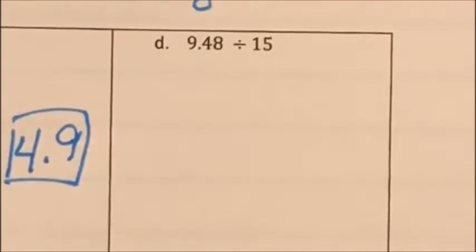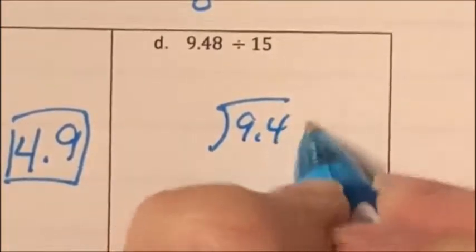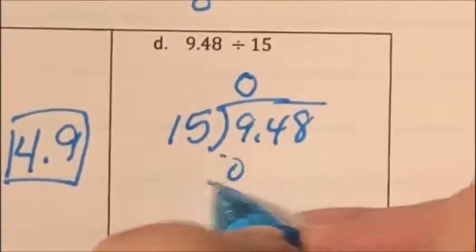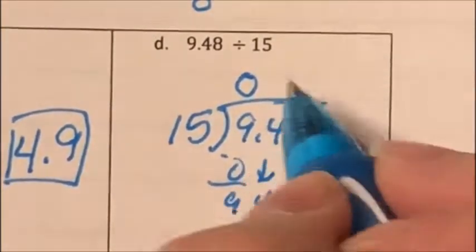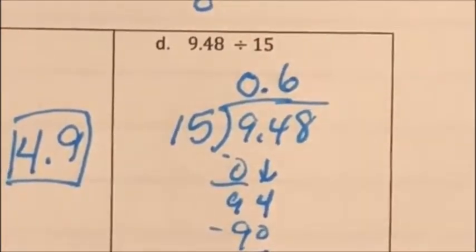Letter D, 9.48 divided by 15. Okay. 15 cannot go into 9. I bring down the 4. 15 can go into 94 6 times. 15 times 6 is 90, and I subtract, get 4.